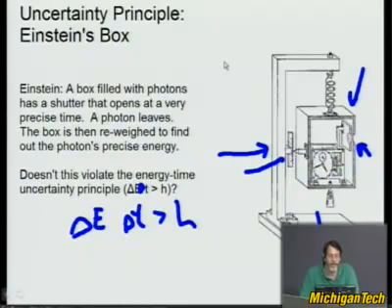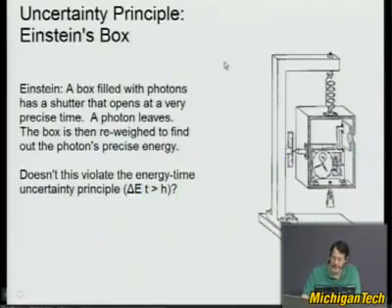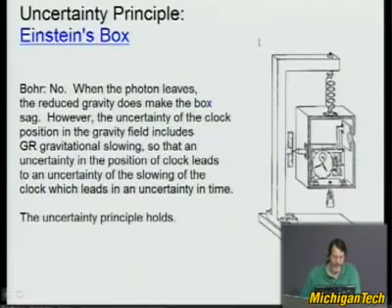You'll know. And so Bohr was a little bit worried about this for a while, but he was able to, on pretty short order, cleverly reply. And Bohr again said no. When the photon leaves the box, it does sag, or I guess actually it moves up because it has less energy.